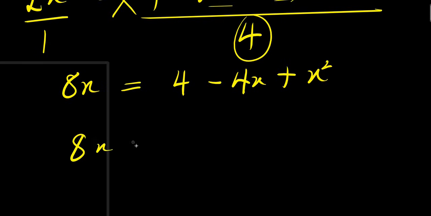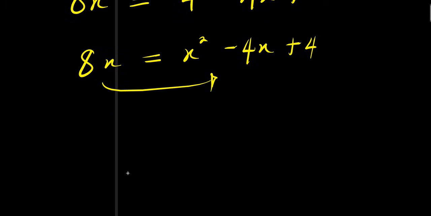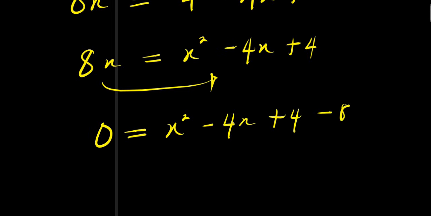So from here, I have 8x equals, let's rearrange this. This is x squared minus 4x plus 4. I move this over here. I have 0 equals x squared minus 4x plus 4 minus 8x.